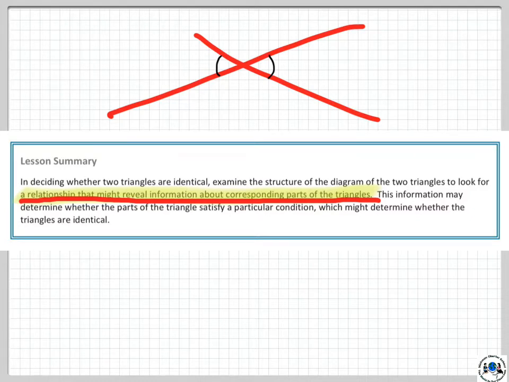Those vertical angles became our second pair of equal angles at times. This information may determine whether the parts of the triangle satisfy a particular condition, which might determine whether the triangles are identical.